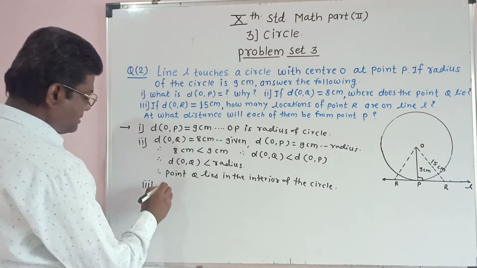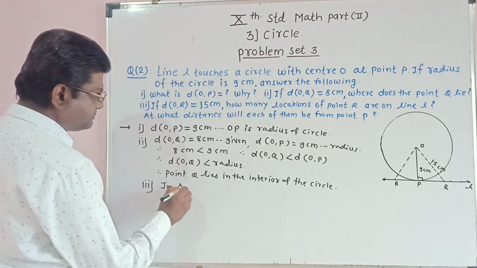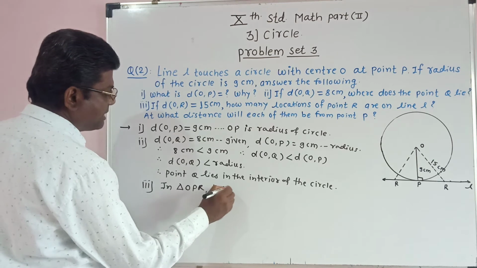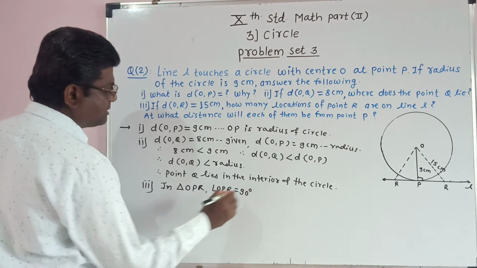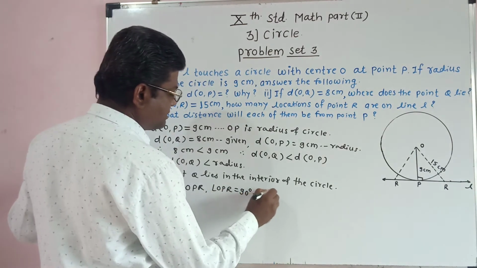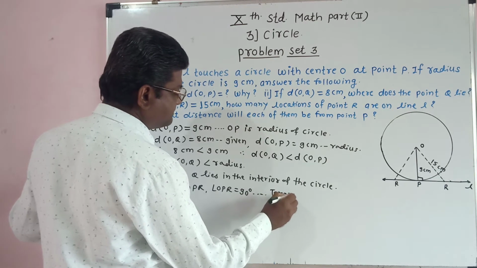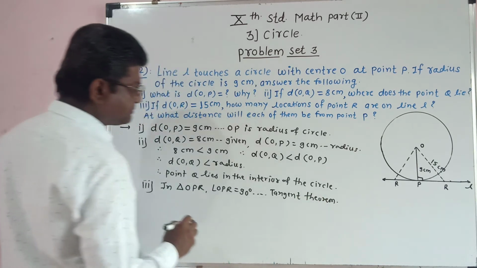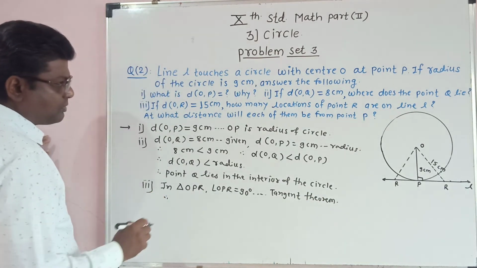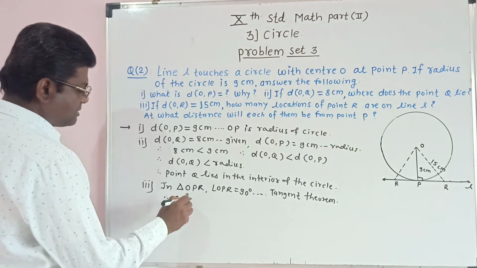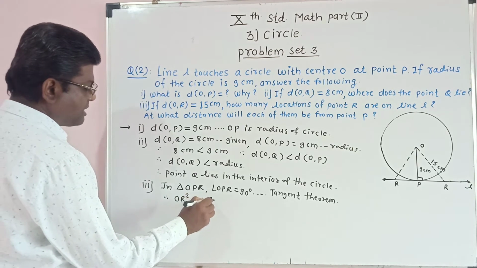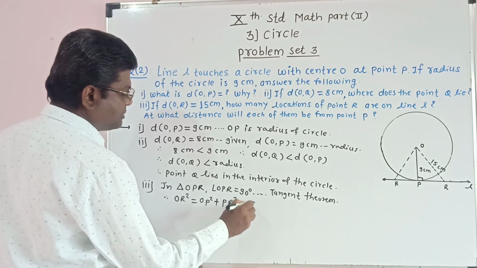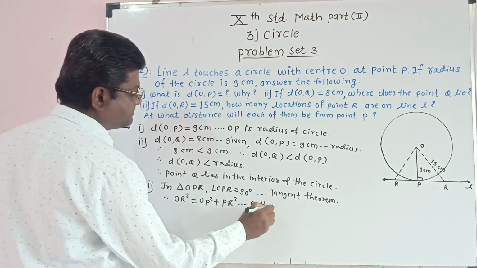Therefore we write in triangle OPR, angle OPR is equal to 90 degree. Reason is tangent theorem. Therefore here OR square is equal to OP square plus PR square. This is due to the Pythagoras theorem.